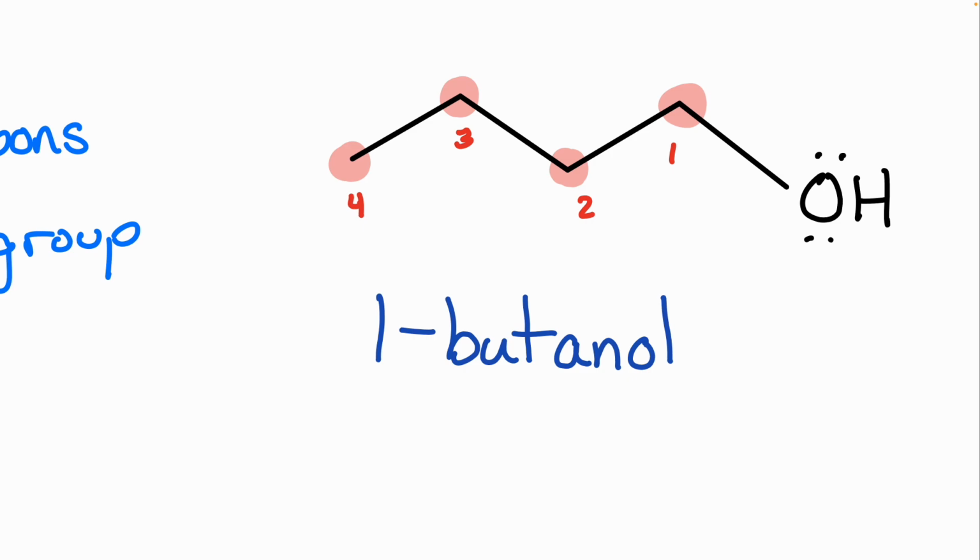Okay? So let's pick this apart real quick. That 1 is the location of that OH group, what we call a locant, if we're trying to be fancy.